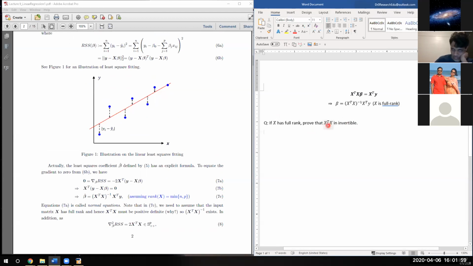The truth is that if X has full rank, X^T X must be PD, not just PSD. I'm talking about positive definite. Why? Consider this.